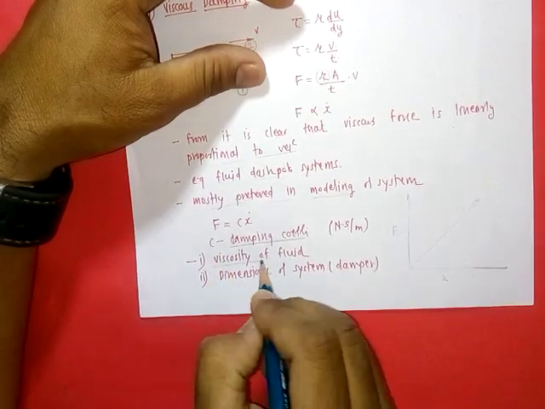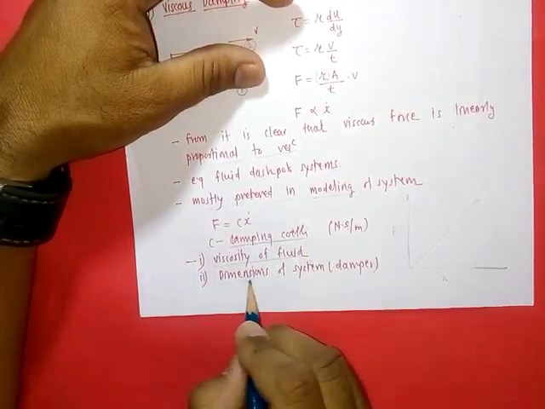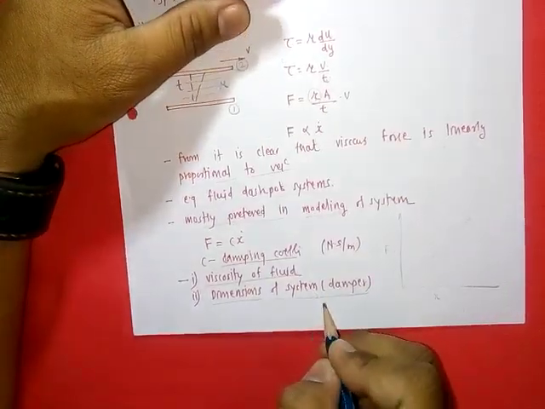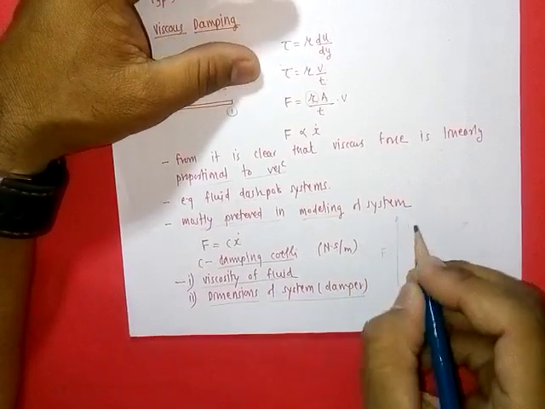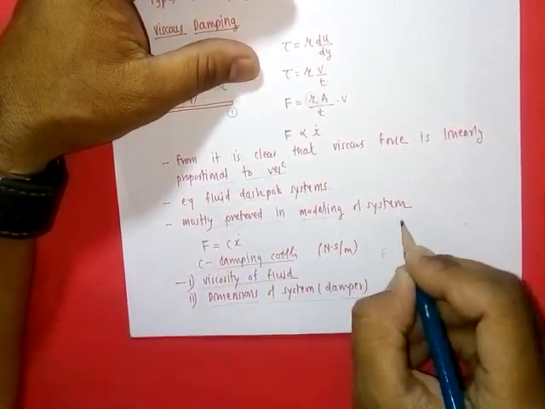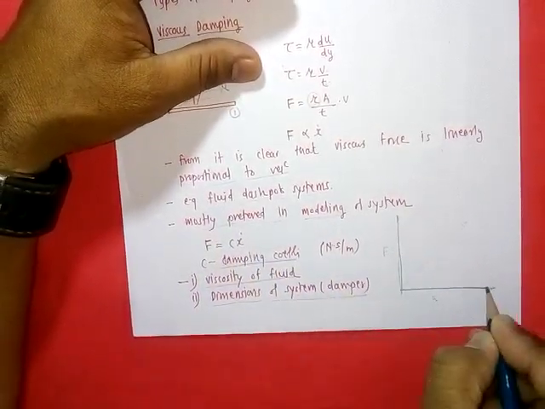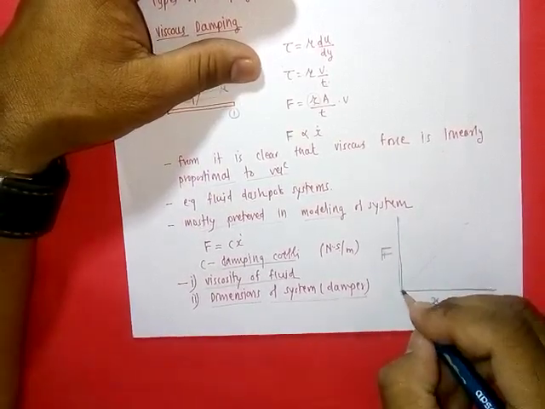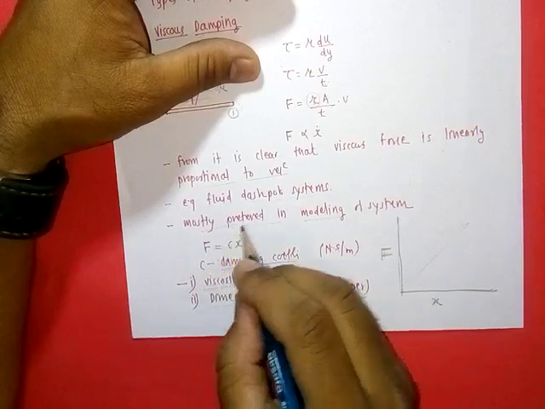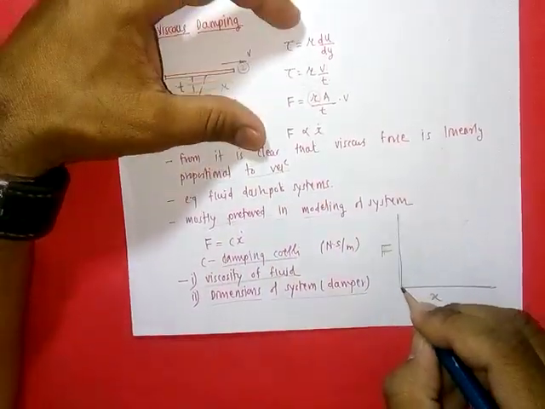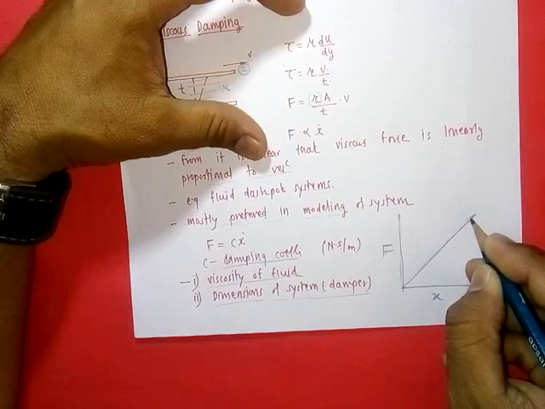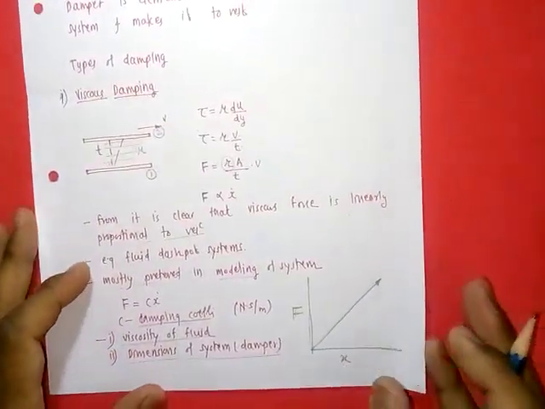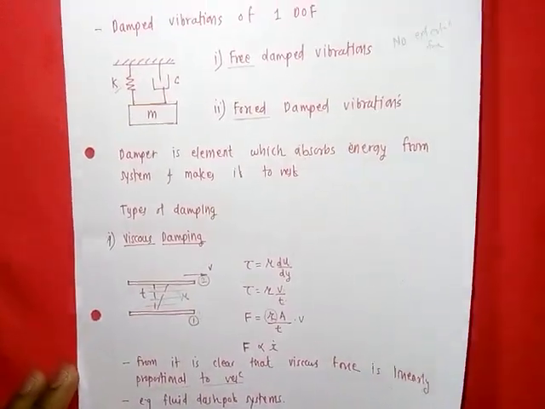First is the viscosity of the fluid, and second is the dimensions of the system, that is, dimensions of the damper. If we draw a graph of resisting force with respect to velocity, then as F is linearly proportional to velocity, this graph is a straight line. So this is the first type of damping.